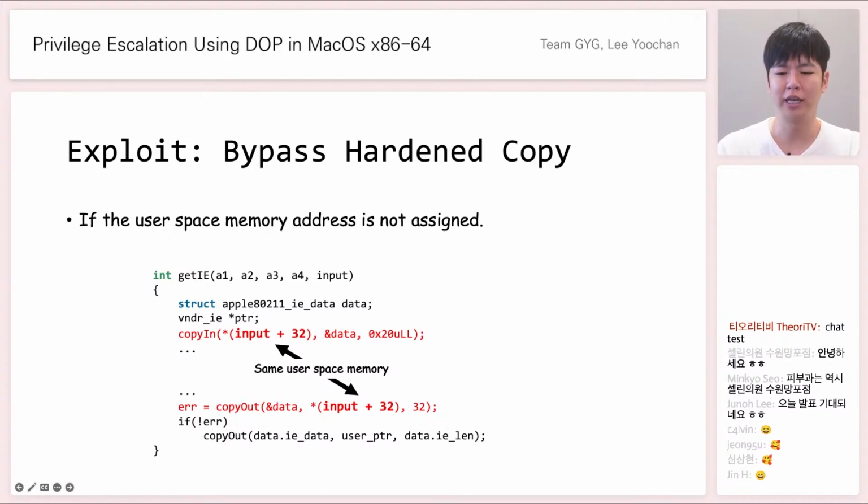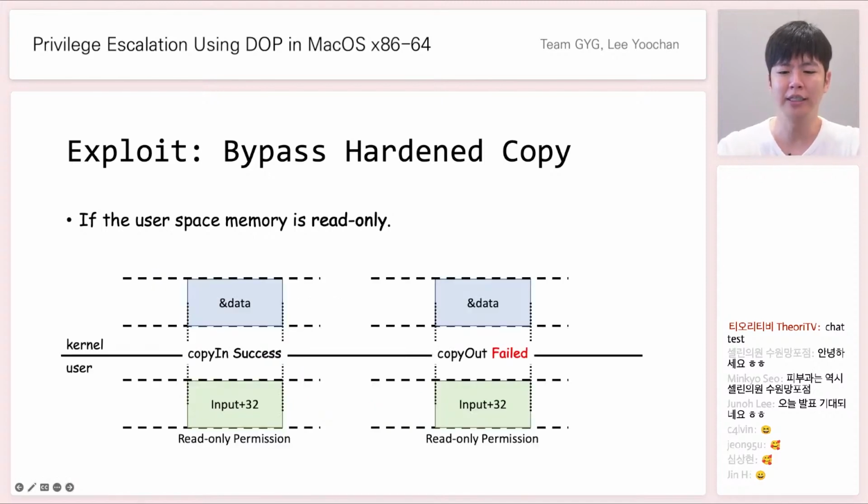This is because the getIE function first executes a copying function to the same memory space as the argument of the copyout function, so that memory must be assigned. For the second case, we determined it could be applicable to our case.